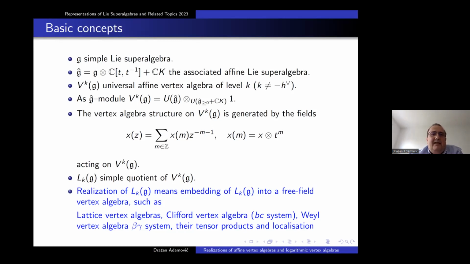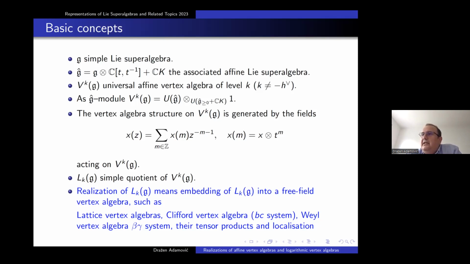But in the affine setting, this universal enveloping algebra is too small. It's too small, and it's difficult to understand representation theory using this universal enveloping algebra. Instead, we use the so-called universal affine vertex algebra. So we have this universal vertex algebra which somehow controls the category.